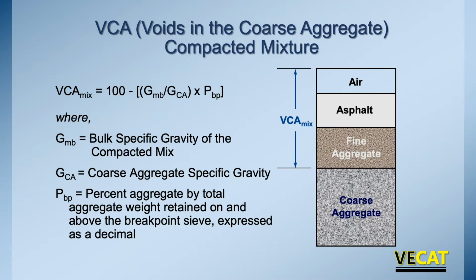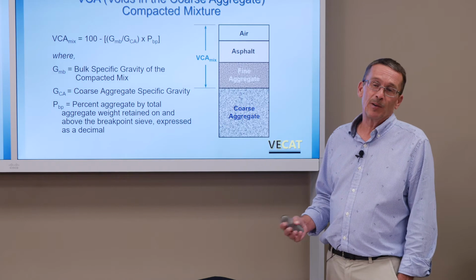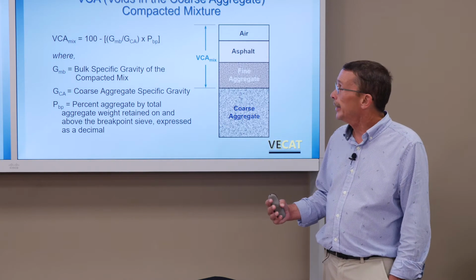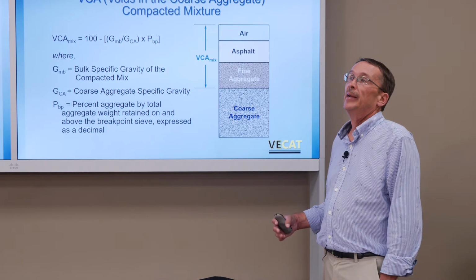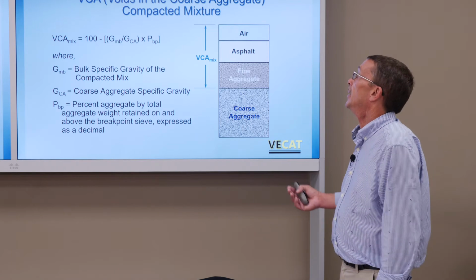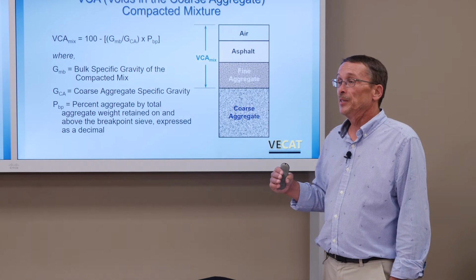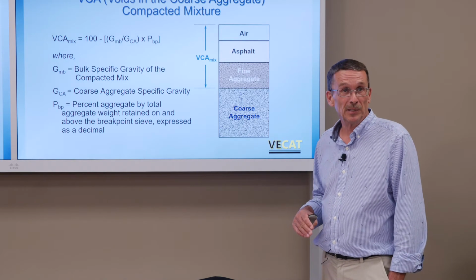I was speaking earlier about mineral filler, and if you have a coarse mineral filler, the more you're going to have to introduce to your mix. If you have a coarse aggregate that goes fine, those two factors drive what that breakpoint sieve runs.